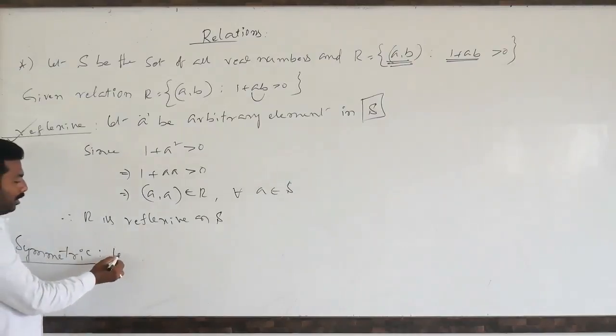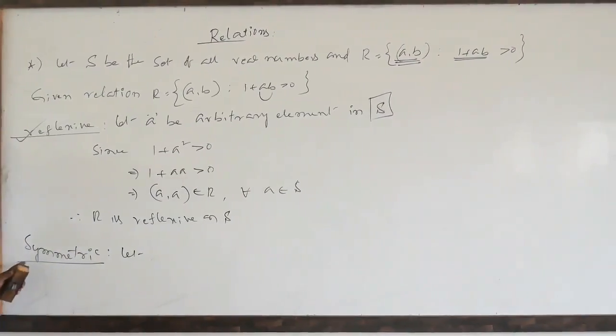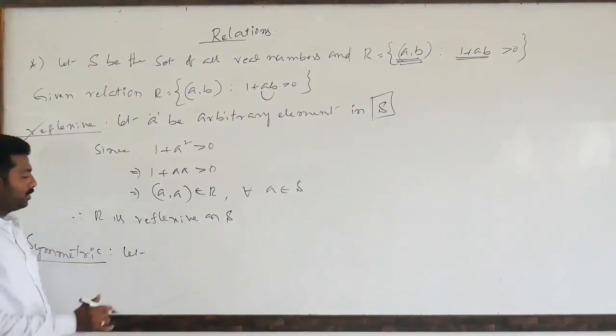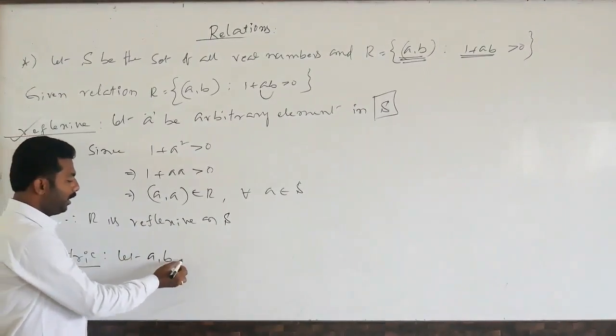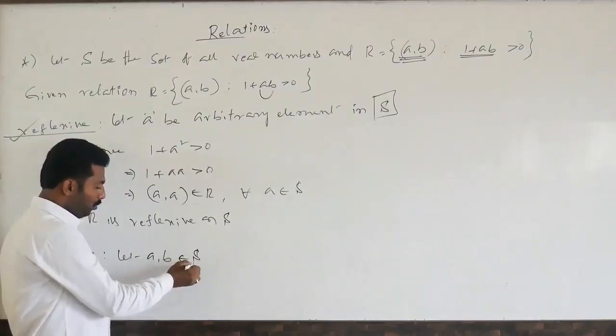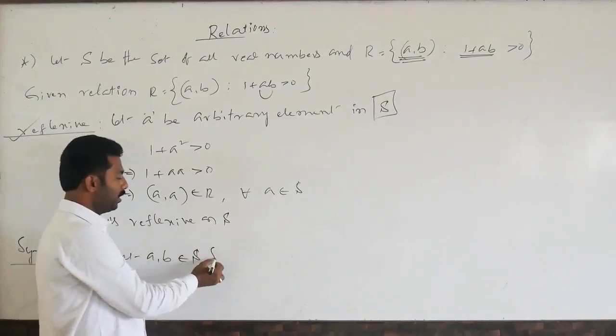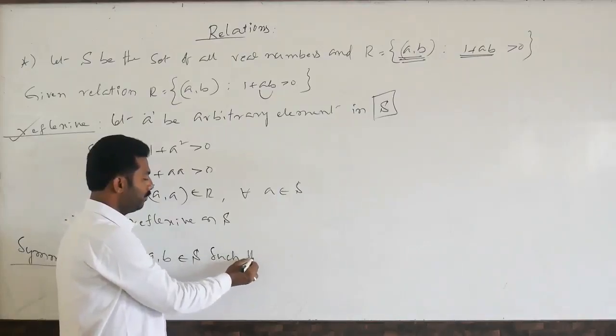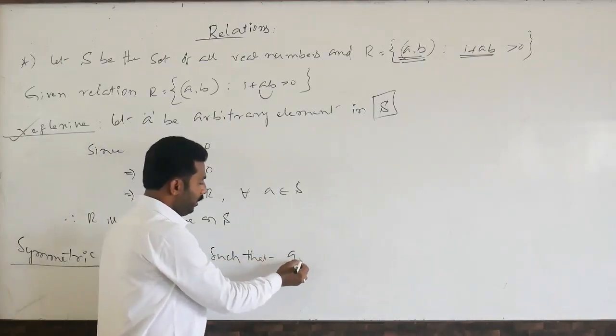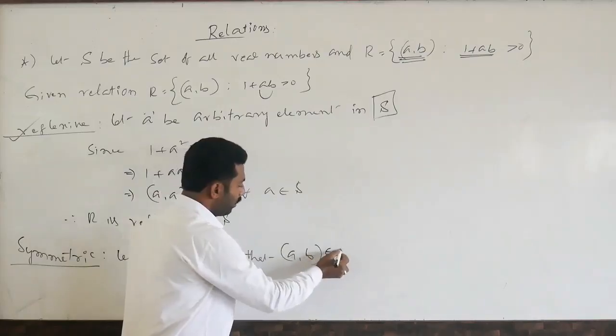See, how to prove whether capital R is symmetric or not? What is the procedure here? Let A comma B be two arbitrary real numbers from S such that A comma B belongs to capital R.